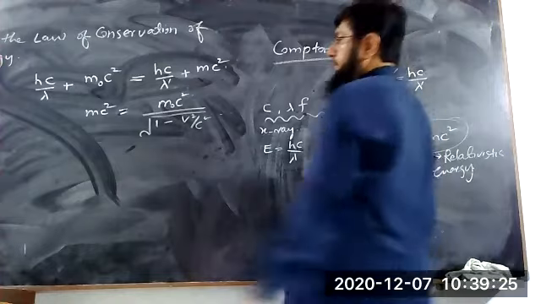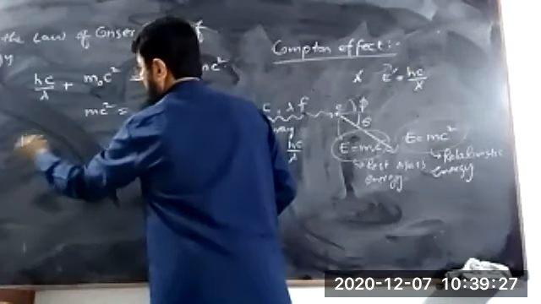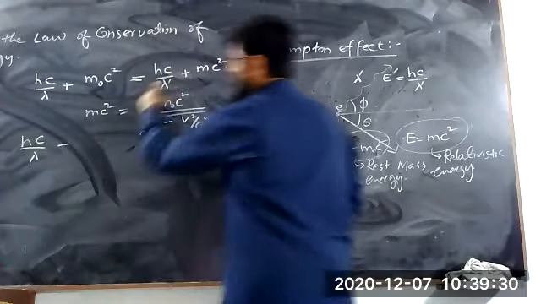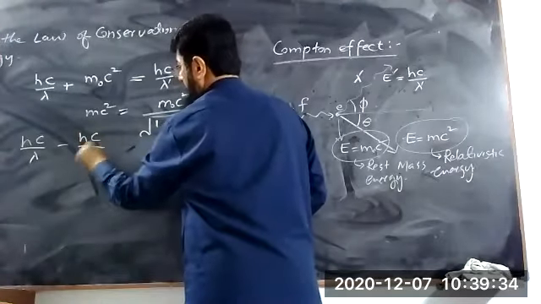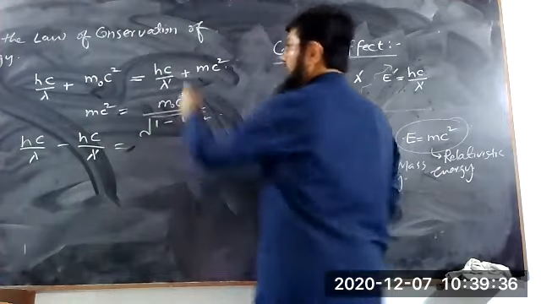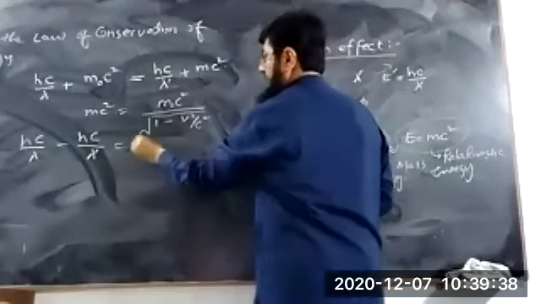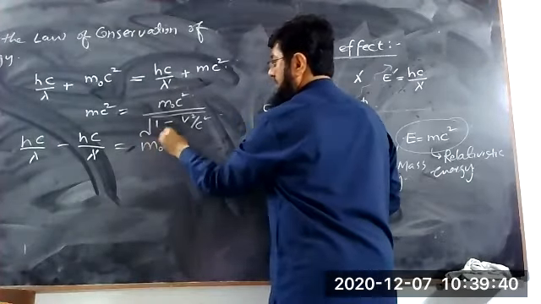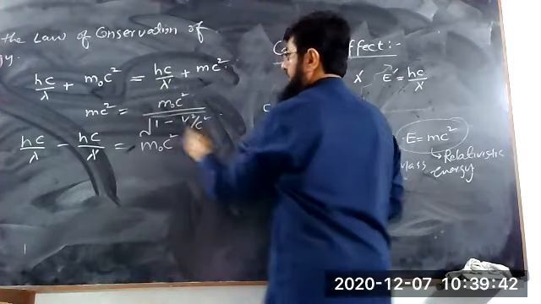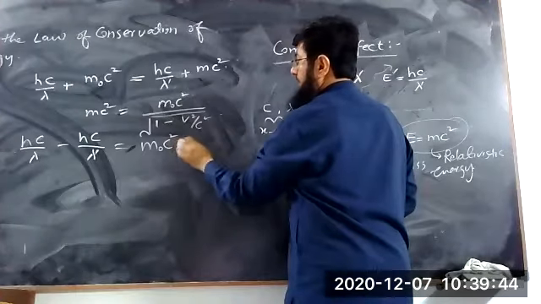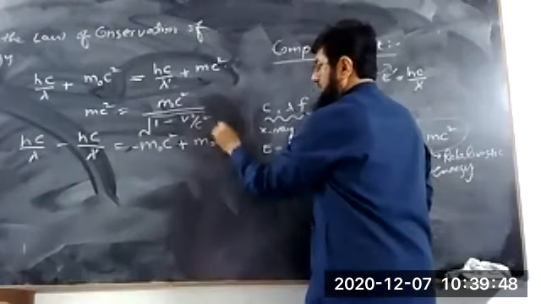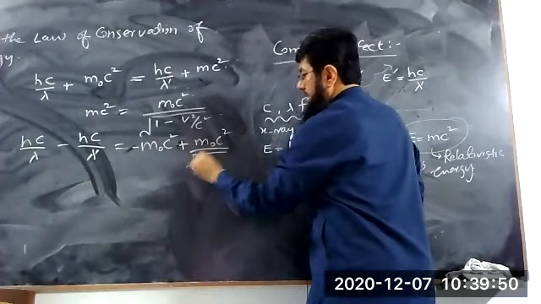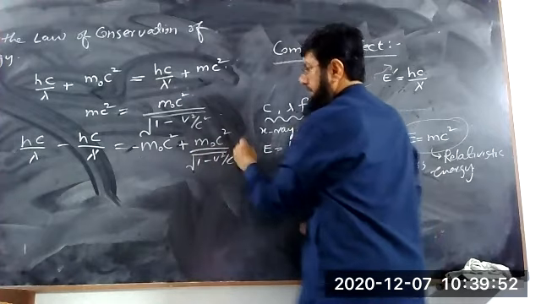Here hc over lambda can be brought to the other side, so hc over lambda dash is equal to m naught c square minus m naught c square over the square root of 1 minus v square over c square.